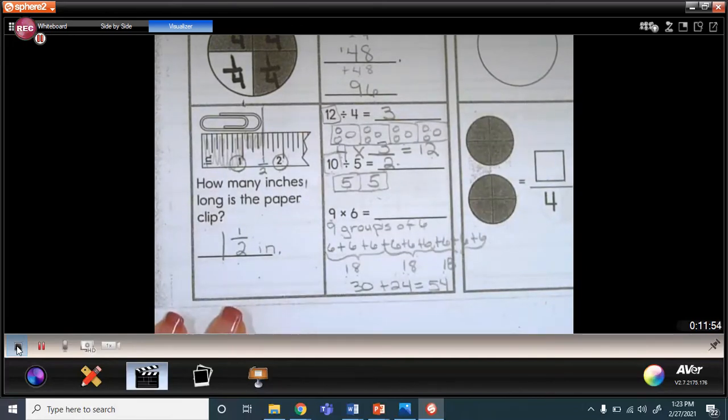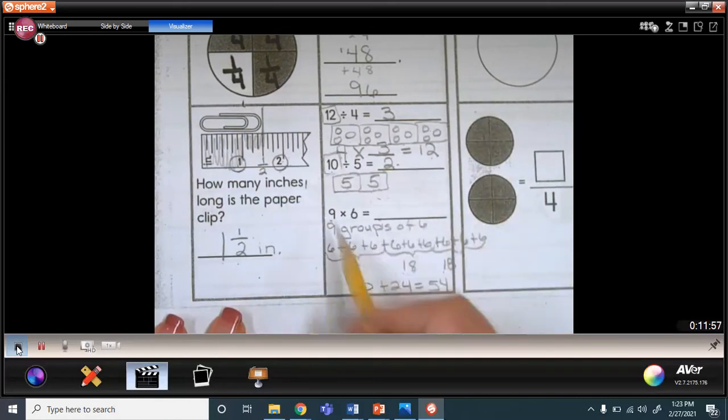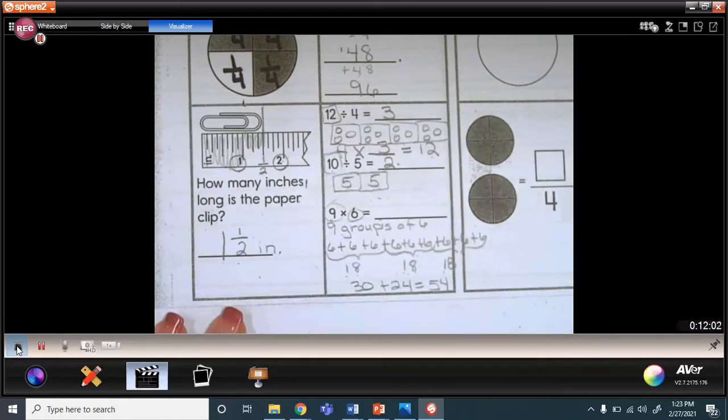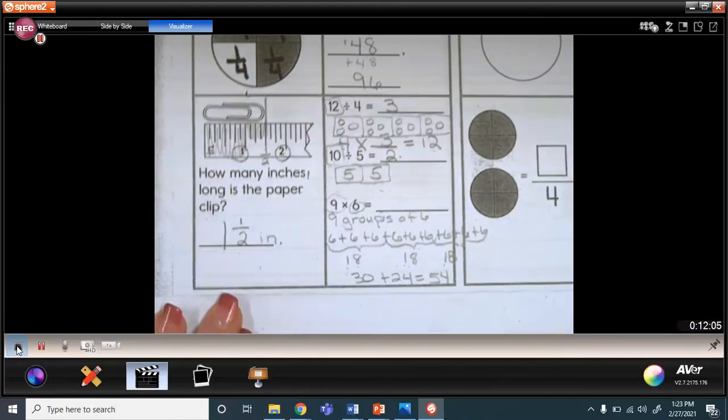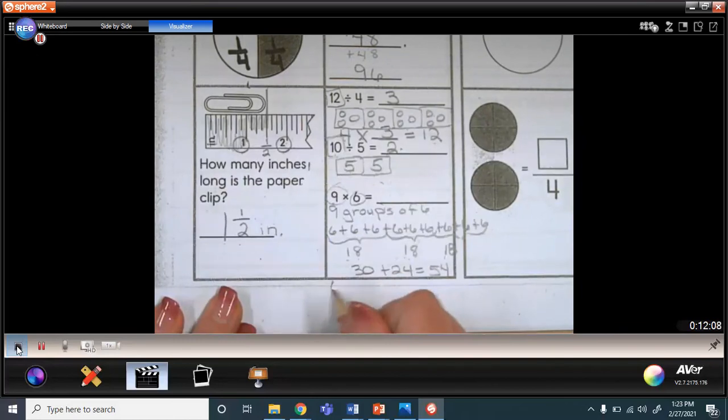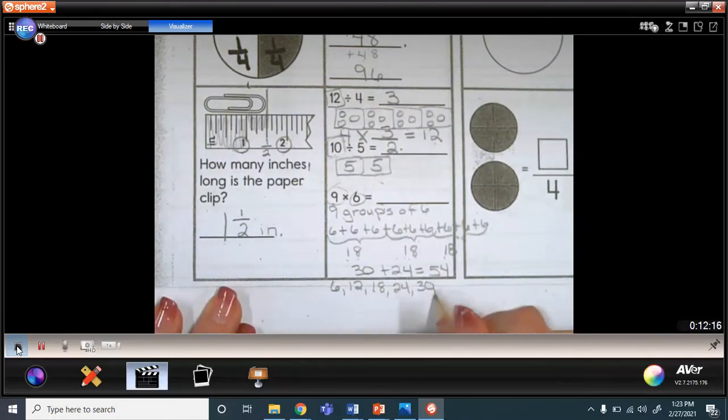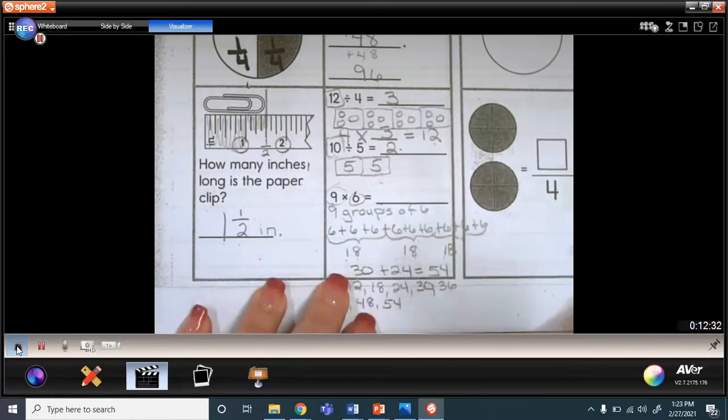So don't guess at what the product is of your factors. Make sure you show your work and figure it out using a strategy. You have many strategies. You could actually even count by sixes. 6, 12, 18, 24, 30, 36, 42, we're getting closer, 48, 1, 2, 3, 4, 5, 6, 7, 8, one more group, 56.